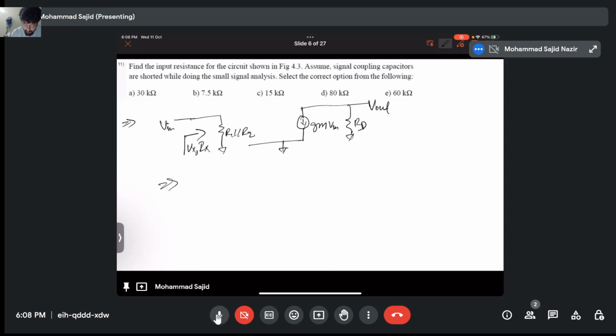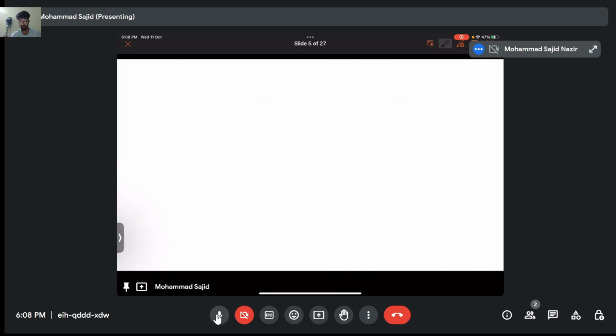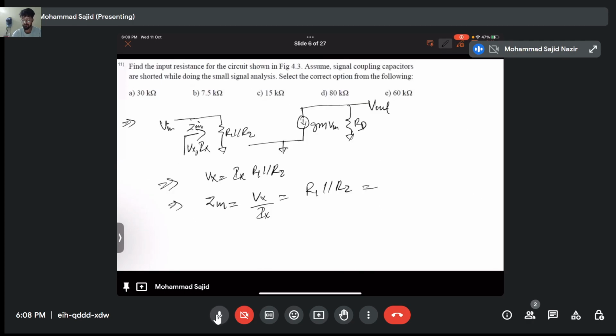Simply you can see that Vx will be Ix times R1 parallel R2. This is Zin, input impedance or input resistance, will be Vx by Ix, and that will be equivalent to R1 parallel R2. So that is actually 20K multiplied by 60K divided by 20K plus 60K.